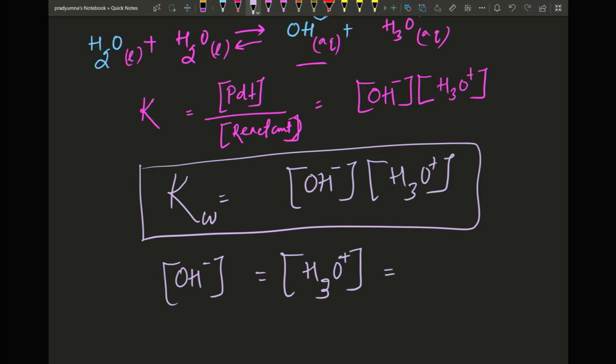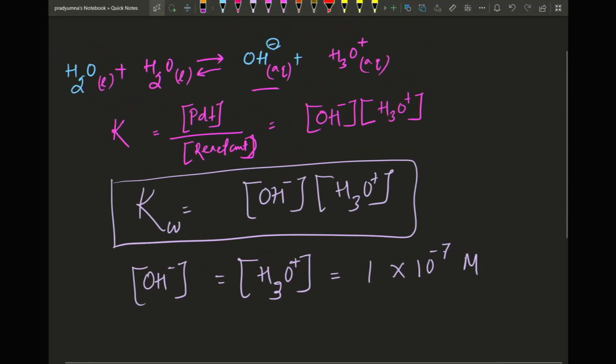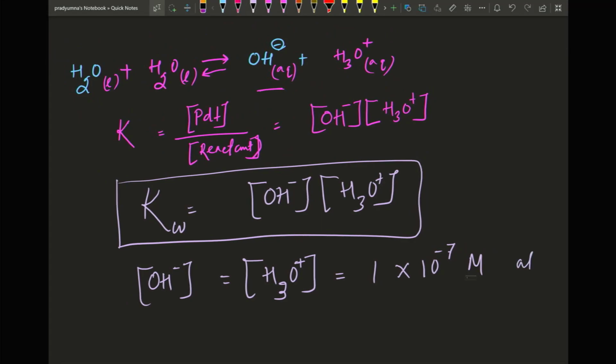The number found experimentally is 1 into 10 to the power negative 7 molar, at 25 degrees Celsius. This is an experimental number: the concentration of OH minus and H3O plus in water at 25 degrees Celsius is 1 into 10 to the power negative 7.